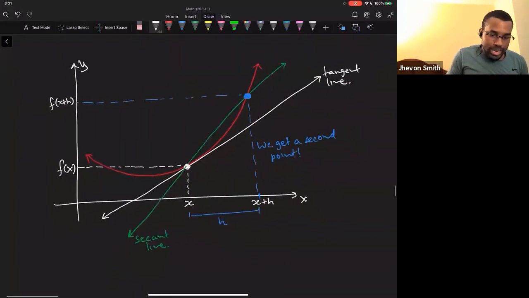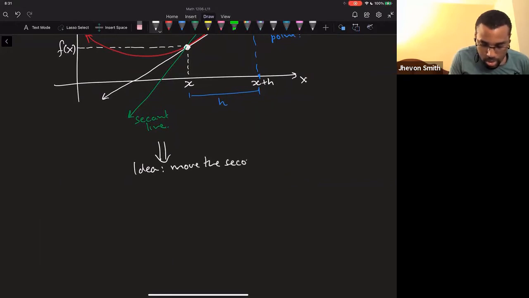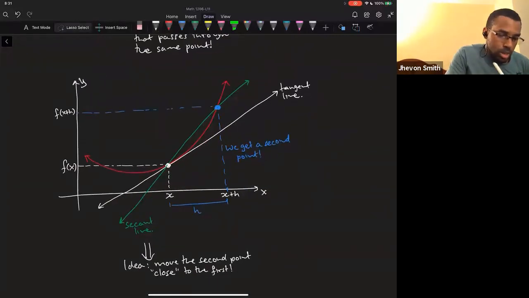So here's the idea. Move the second point close to the first. What would that accomplish?